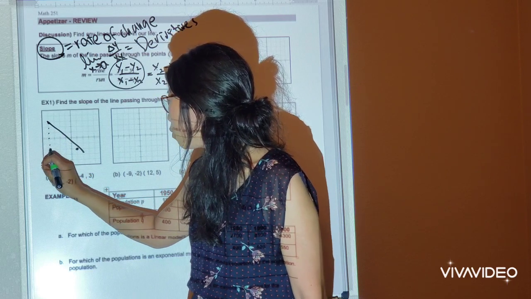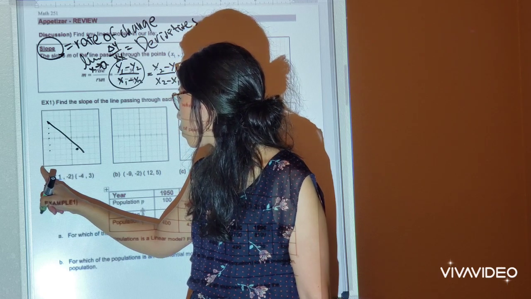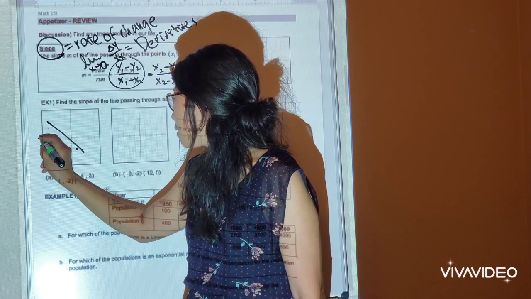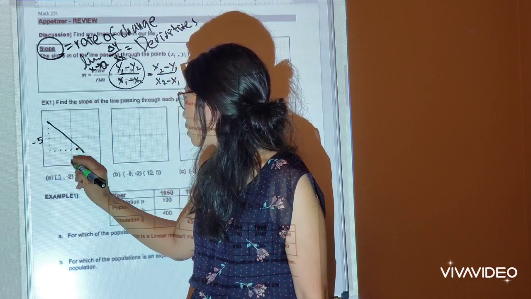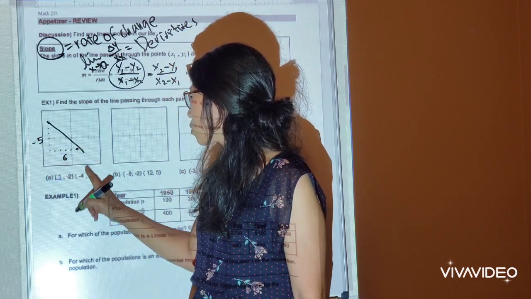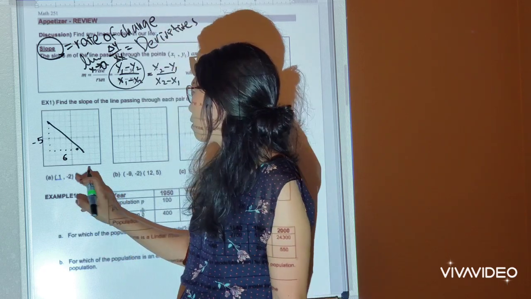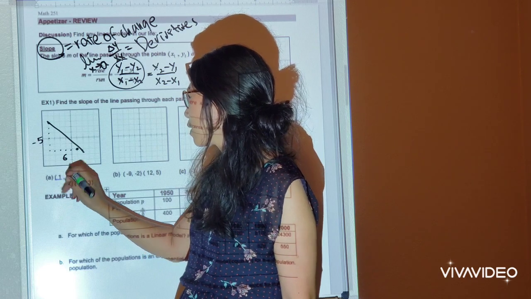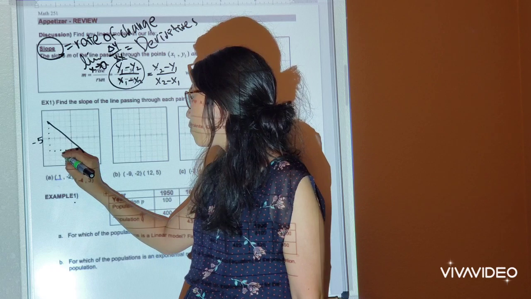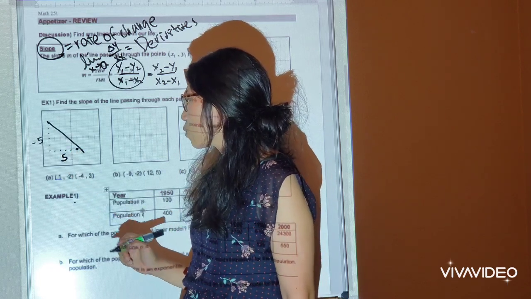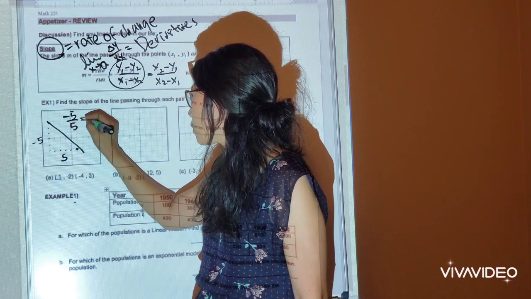You can count the rise part, which is going to be down 5, and then the run, which is 6. So this one I can say that my slope is -5 over 5, slope is -1.